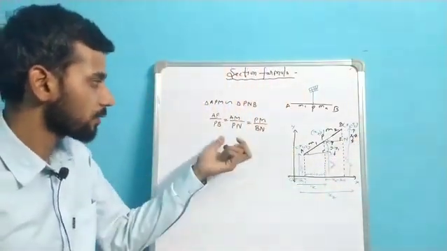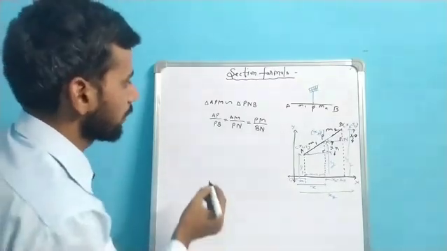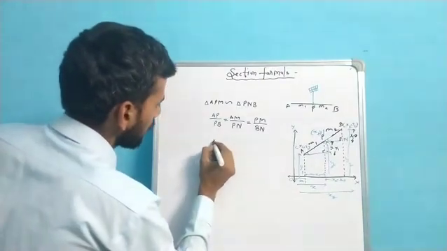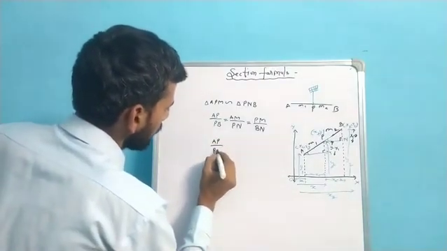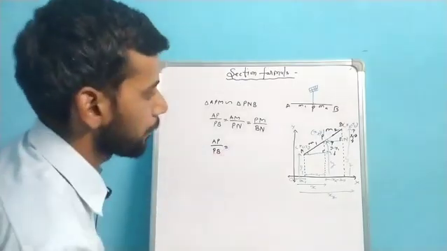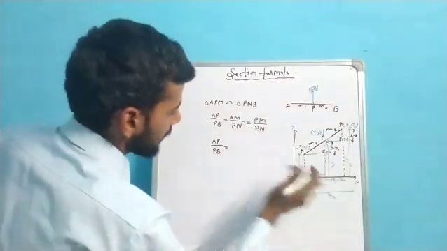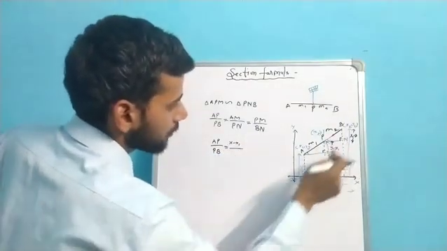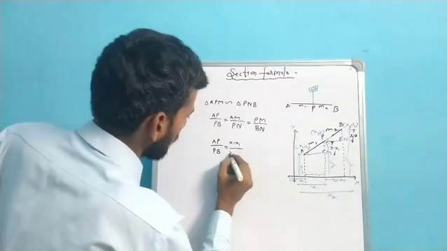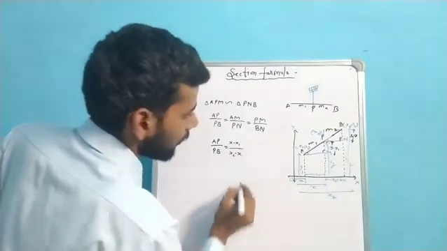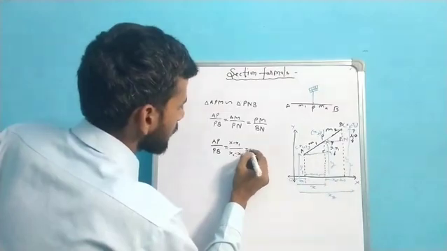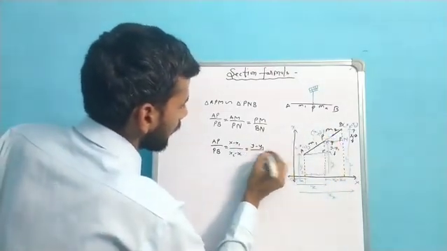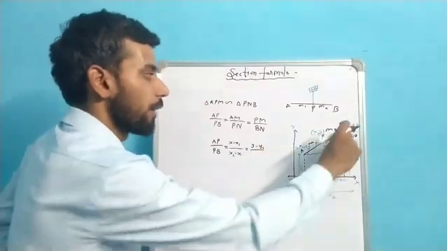If we put these values in this formula, we get AP upon PB equals AM, that is x minus x1, upon PN, this is x2 minus x, and PM is y minus y1, and BN is y2 minus y.